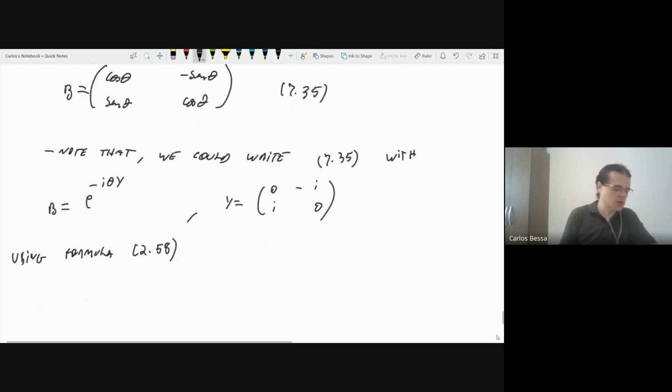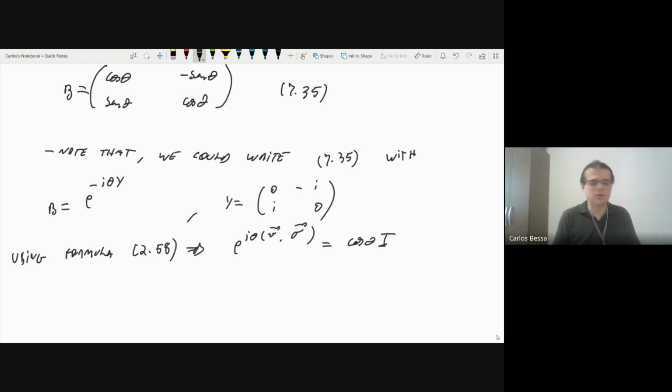from the Nielsen-Chuang book, okay? This formula says exponential of i theta v scalar sigma is just cosine of theta times the identity matrix plus i sine of theta v scalar sigma. Sigma is one of the Pauli matrices.